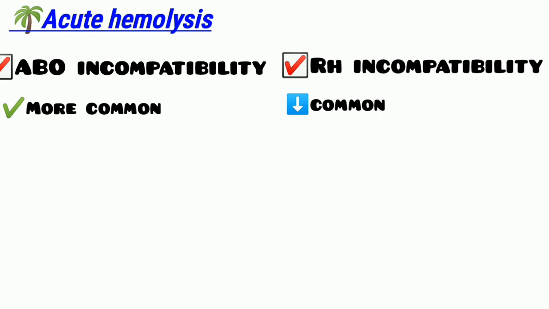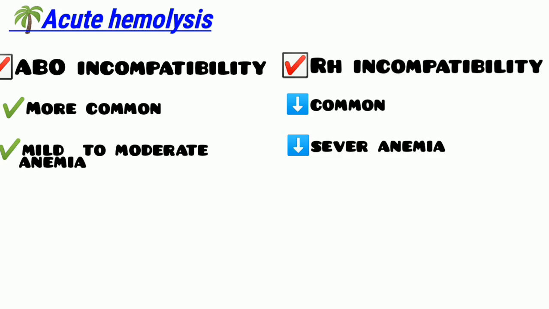ABO incompatibility usually causes anemia, but a mild anemia, and the hemoglobin level does not reach below 6 grams per deciliter. In contrast, Rh incompatibility occurs when an Rh negative mother has received Rh positive blood, either by blood transfusion or by a first pregnancy with an Rh positive fetus.